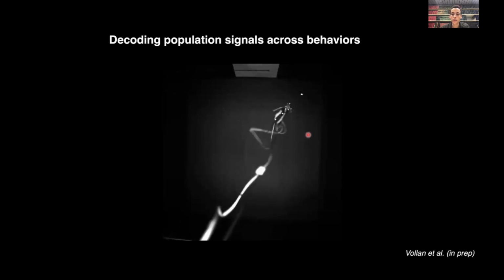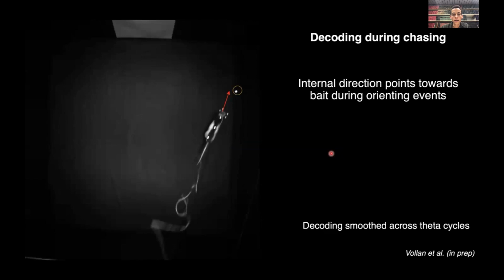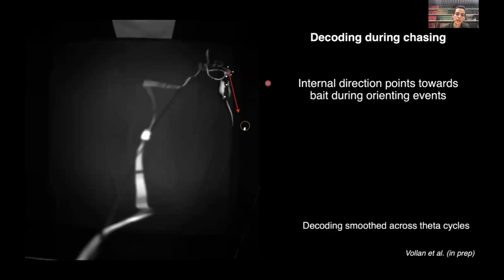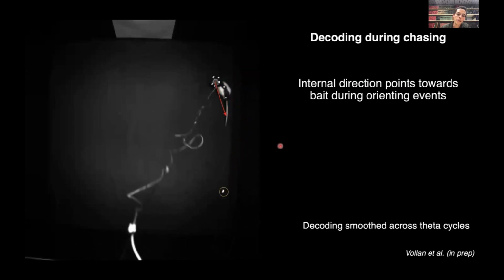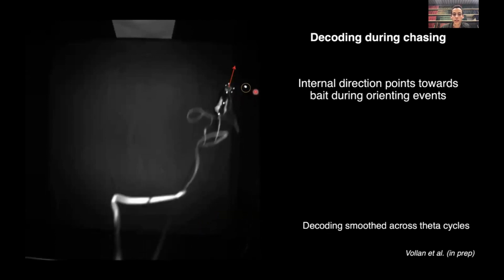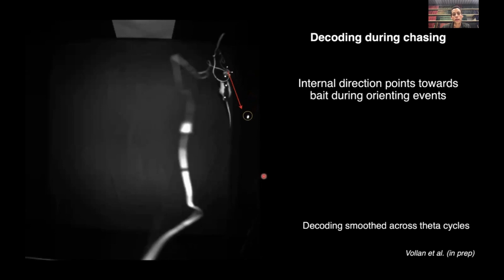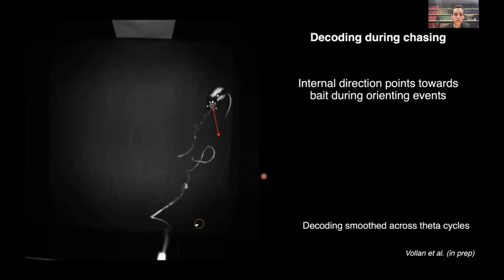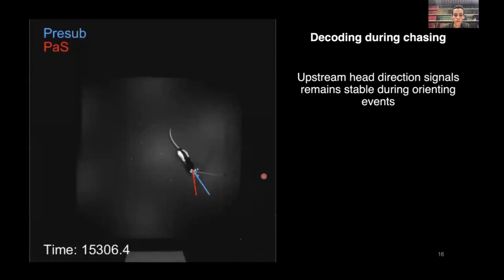So here in a task where the animal is chasing this little piece of food that is dragged around in the open arena, if we apply our decoder to the internal direction cells, we see that these cells seem to indicate the direction towards the piece of food while it swings behind the animal's back, for example, and perhaps reflecting where the animal is directing its attention. And by doing this again across regions, we can see that there's a functional split in the population signals across areas.